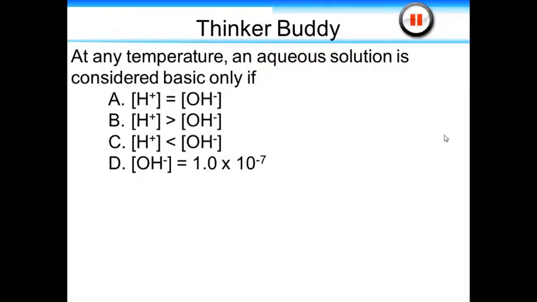Thinker buddy question. At any temperature, an aqueous solution is considered basic only if A, the H+ equals the OH- concentration, B, the H+ is greater than the OH- concentration, C, the H+ is less than the OH- concentration, or D, the OH- concentration equals 1.0 times 10 to the minus 7 molar.